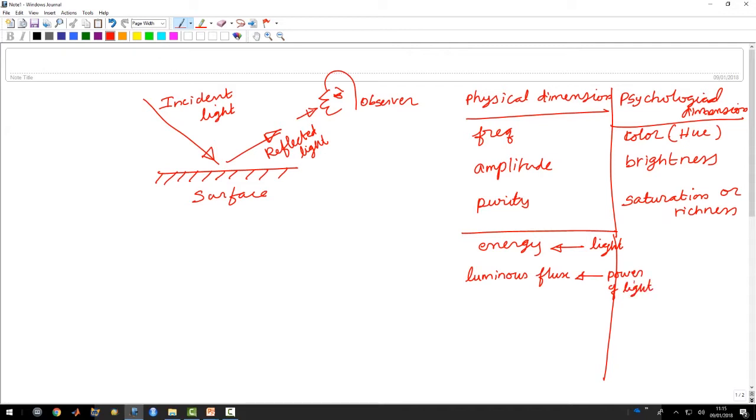So luminous flux is light energy per unit time. And then luminous intensity, this is luminous flux per solid angle.